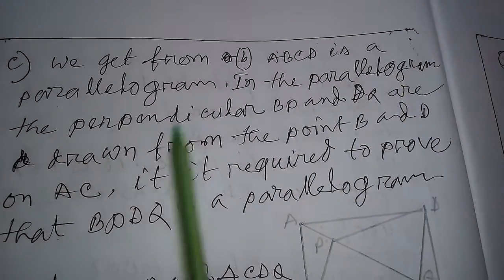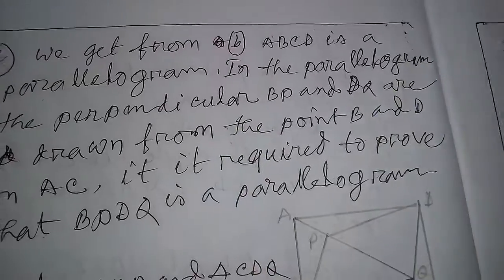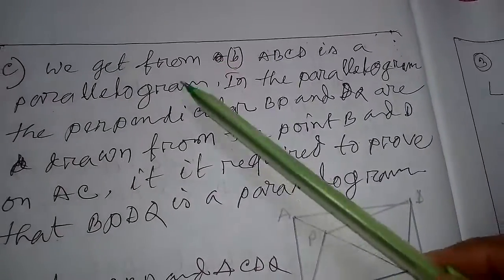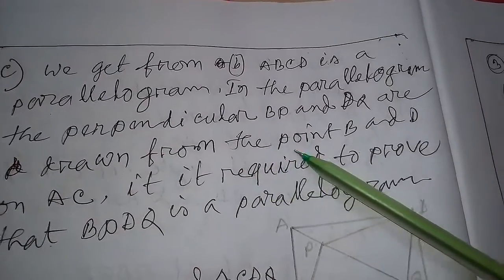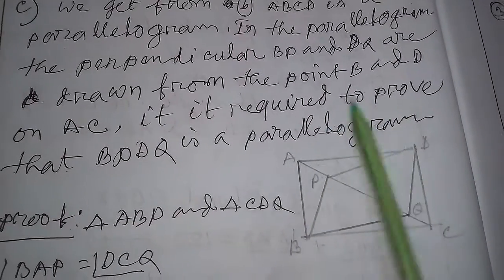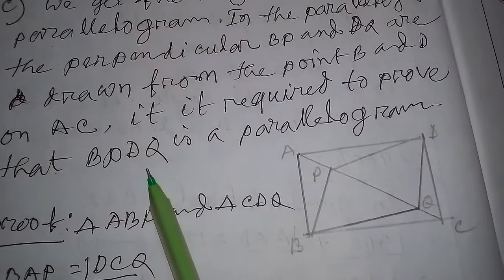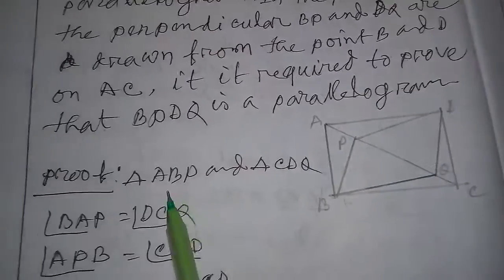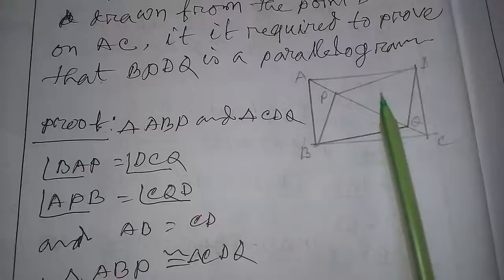In the parallelogram, the perpendiculars BP and DQ are drawn from the points B and D on AC. It is required to prove that BPDQ is a parallelogram. Proof: this is our figure.